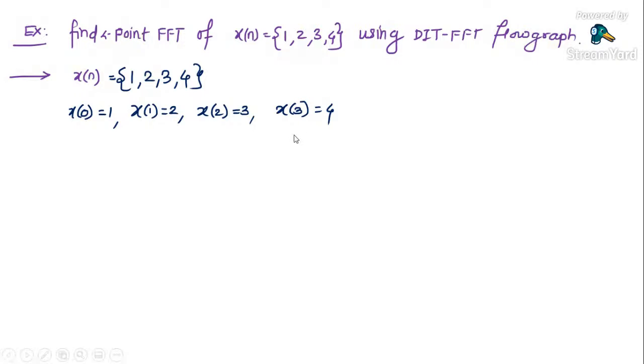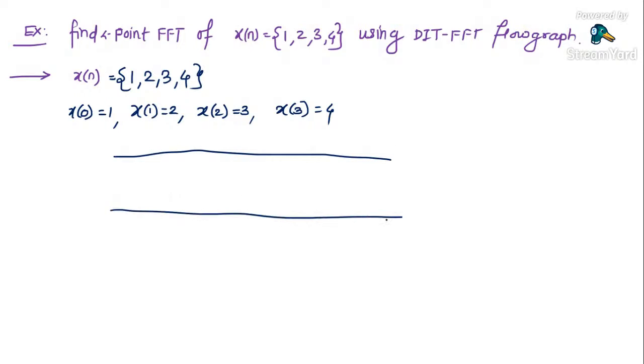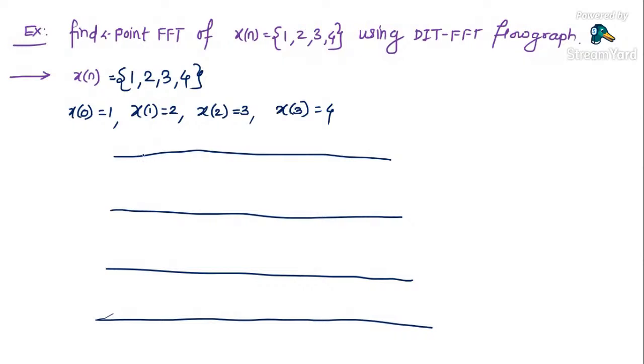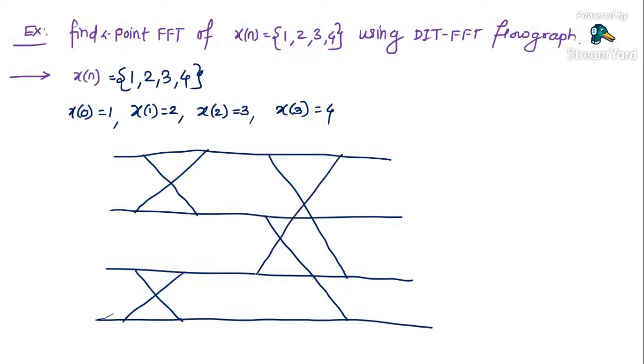Okay. After writing it, next is draw the flow graph. So 4 lines. Then the butterfly diagram, 2-point, like this. Then this is connected to the next. This one is connected to here, and this is connected to this one.